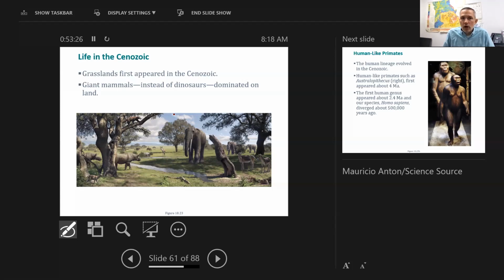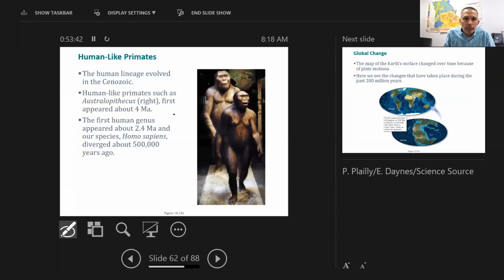Again, mammals have replaced the dinosaurs on the land during this Cenozoic time period. Hominids, human-like primates, again, during this time period.